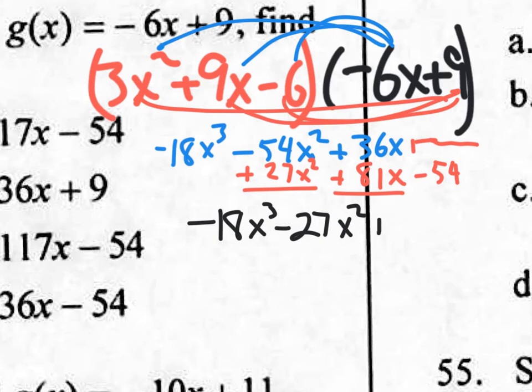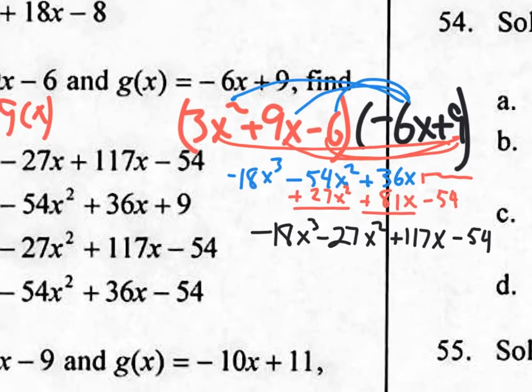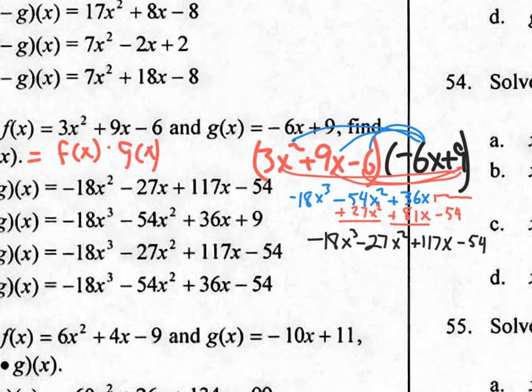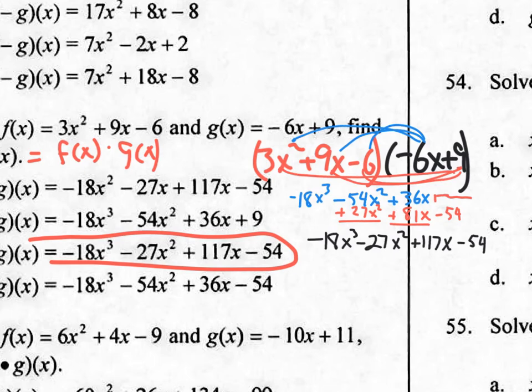So we have plus 117 with an x and minus 54 at the very end. So that is our answer when we multiply them together. So that would be option C. Cool? All right, let's move on.